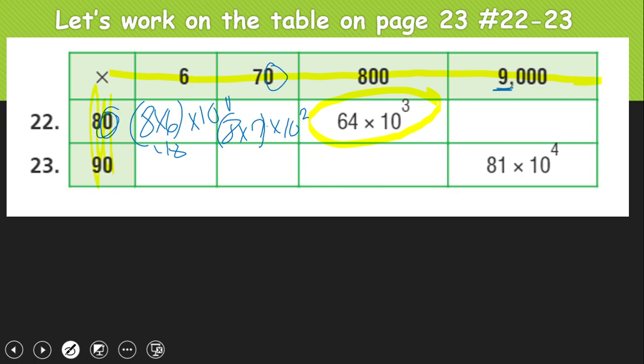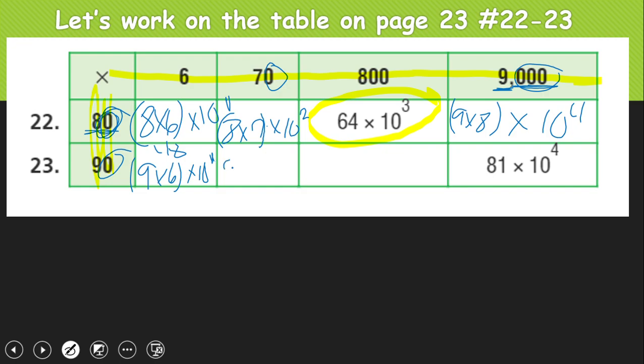All right, then we move way over here. Then we want to do our basic facts, which is 9 times 8, which is 72. And then multiply it by the power of 10 to the 4th, because there's 3 here and then 2 over here. Let's move on to the next one. You have 9 times 6, and then there's only one thing that you're multiplying, so it's 10 to the power of 1.